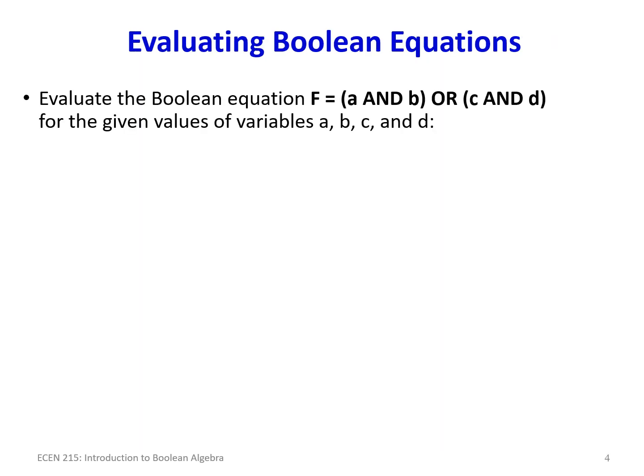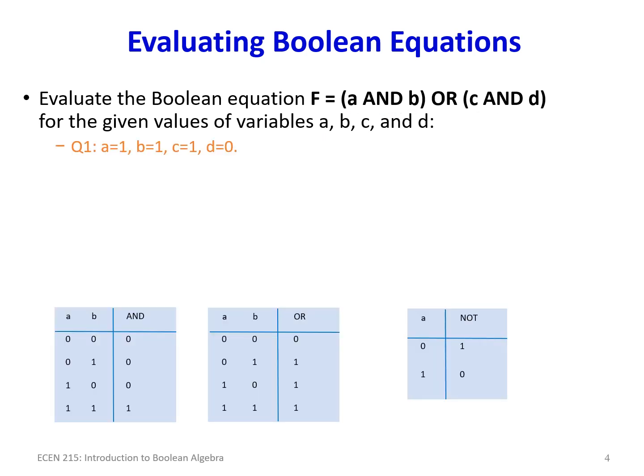Evaluating Boolean functions. To evaluate for given variables, here we have a function f is a and b or c and d. So we have variables a, b, c, and d. There are 4 variables for this given function. Just to highlight, these are our operators: the and operator, the or operator, and the not operator.